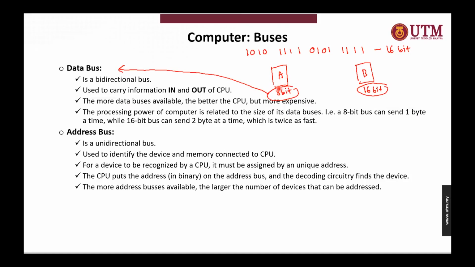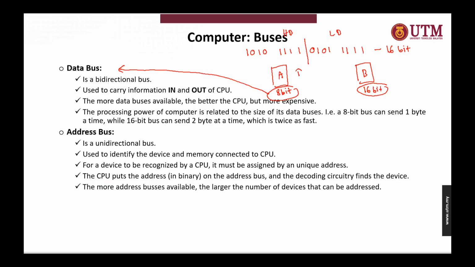Since the data bus of processor A is 8-bit, we need to divide this 16-bit number into 8-bit chunks, divided into a low byte and a high byte.